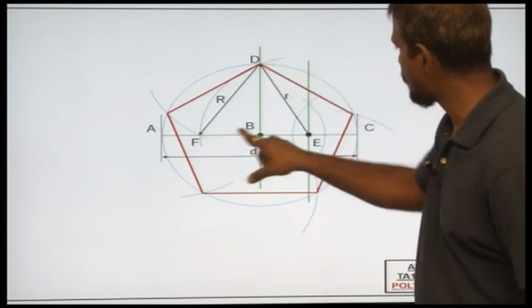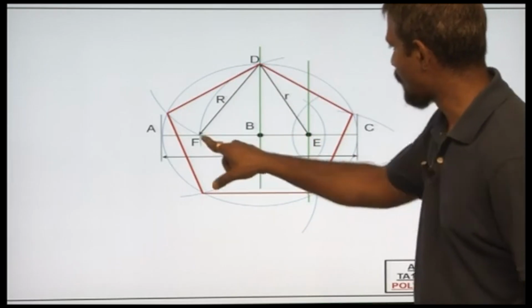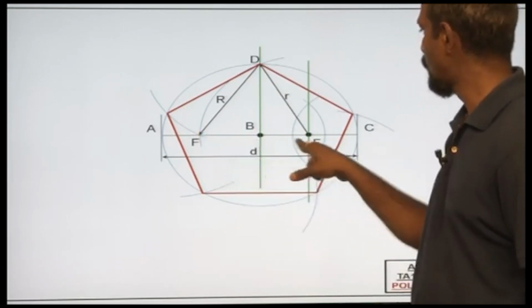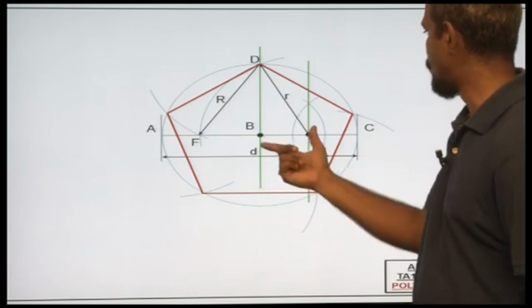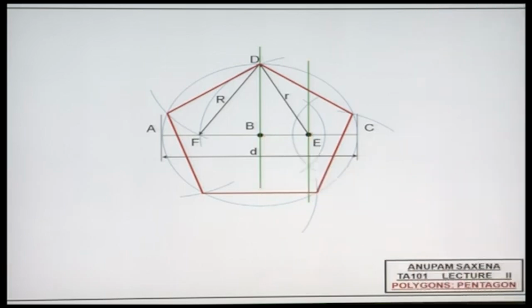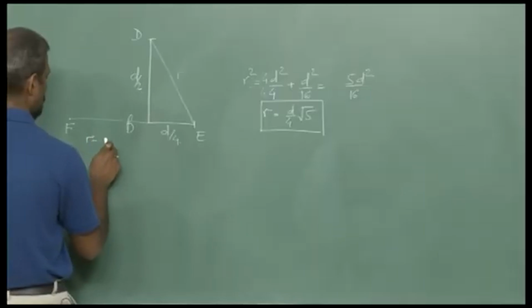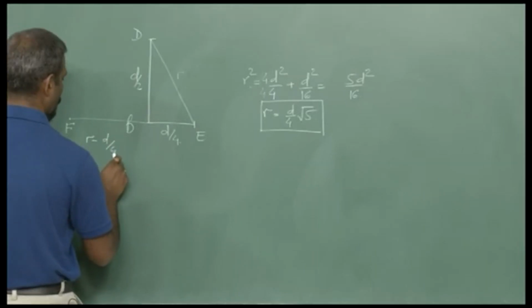So this distance here would also be r. Okay, and therefore BF will be r minus BE, which is d over 4. So BF is r minus d over 4.